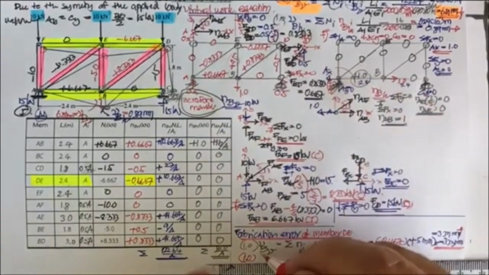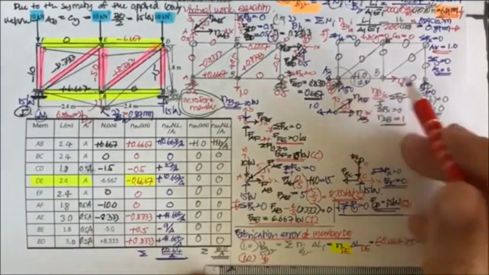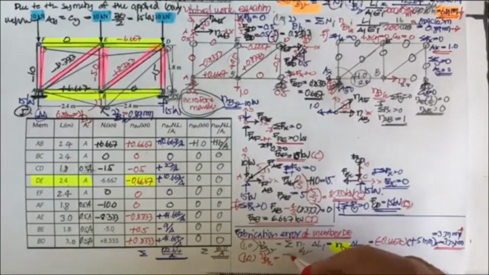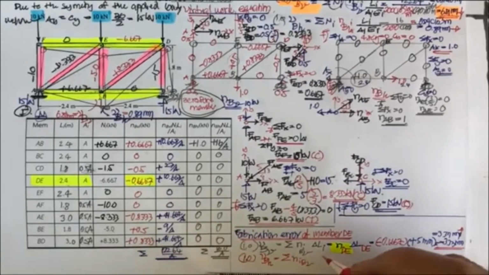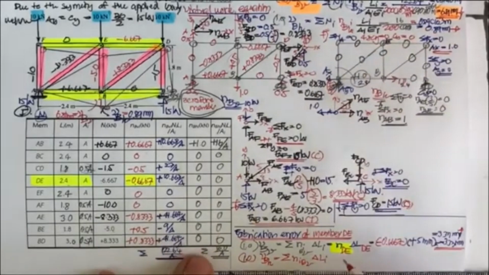Okay, times what? V sub B in the horizontal direction. So this is going to be the summation of n sub I BV, and this time delta L sub I.